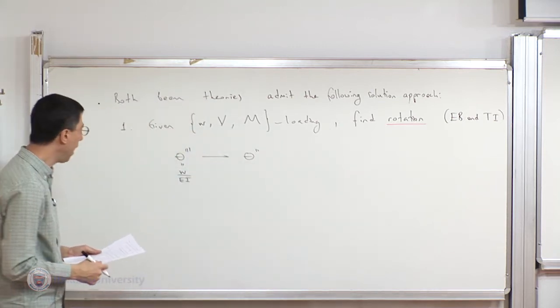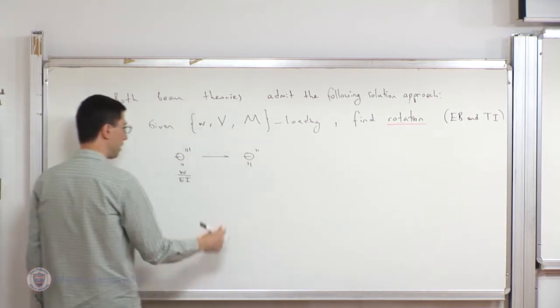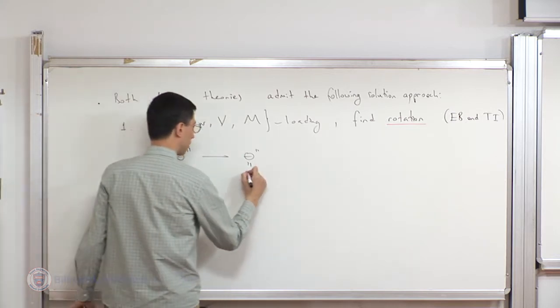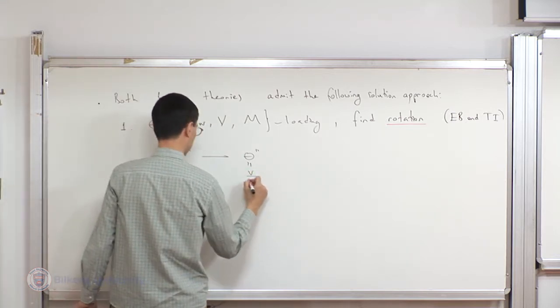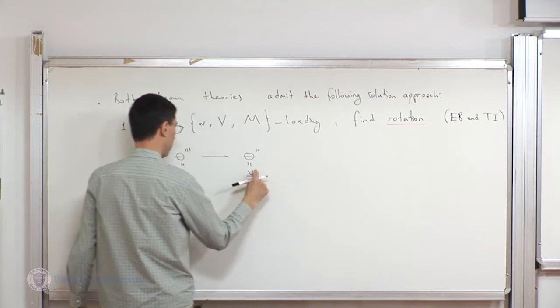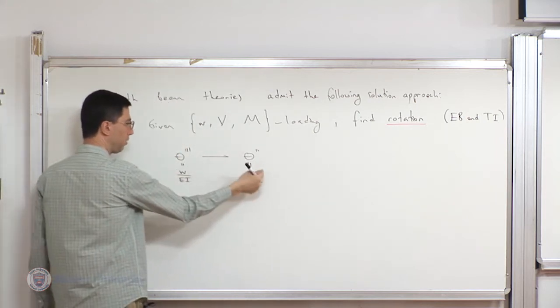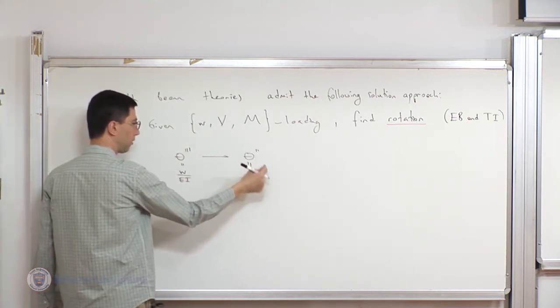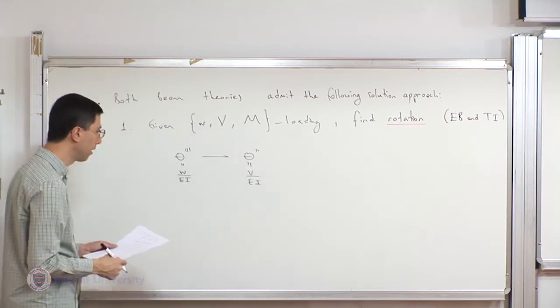And we integrate that towards the second derivative. Statically, I know that V prime is equal to W, and therefore when I integrate, I will get this equality: theta double prime is V over EI.